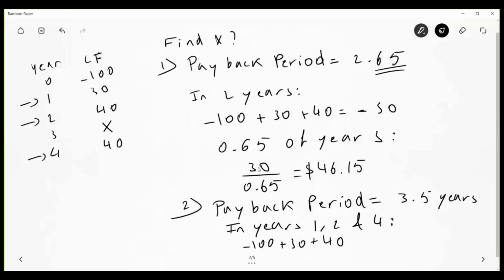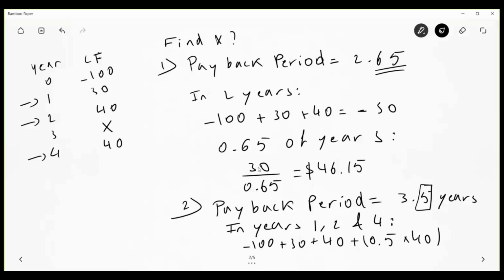However, for year 4, I'm recovering an amount that's equal to 0.5 times $40. So plus 0.5 times 40, because if I needed the full cash flow of year 4, the payback period should be 4 years.